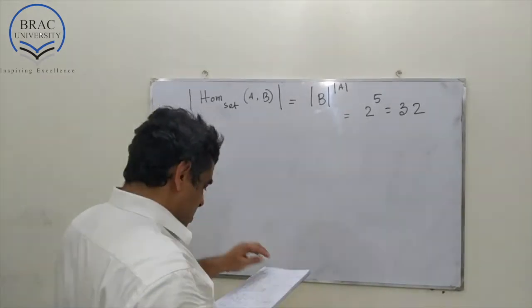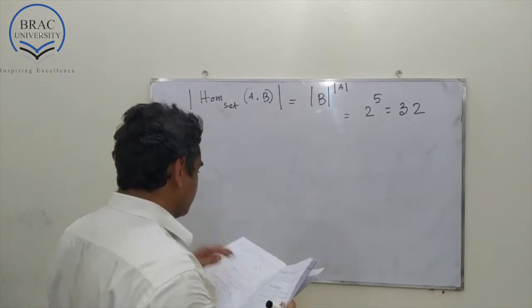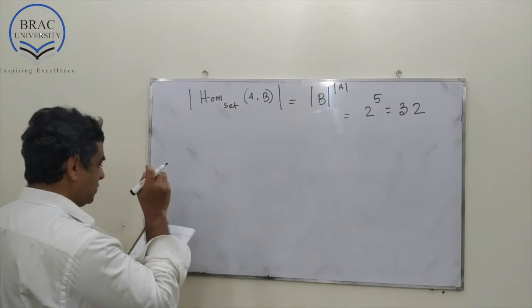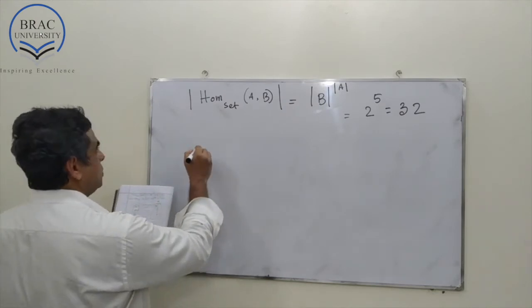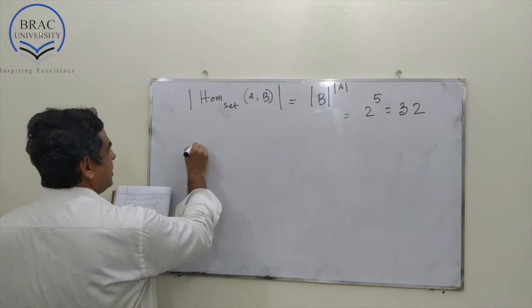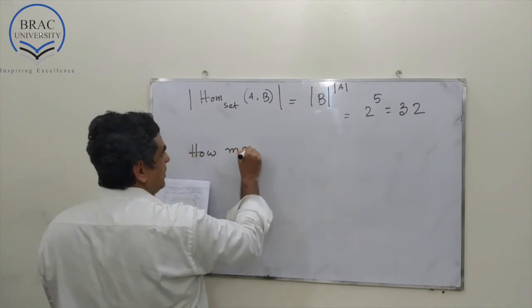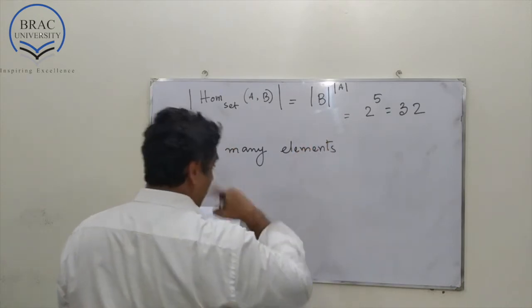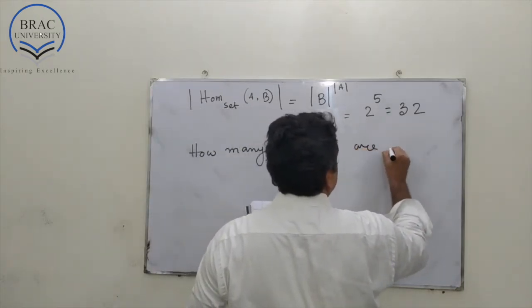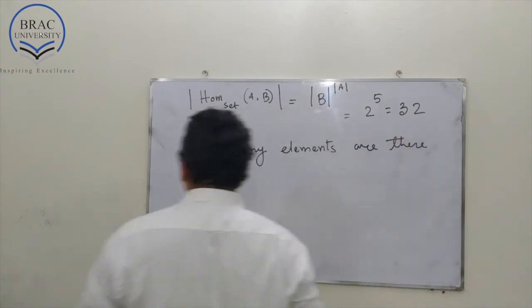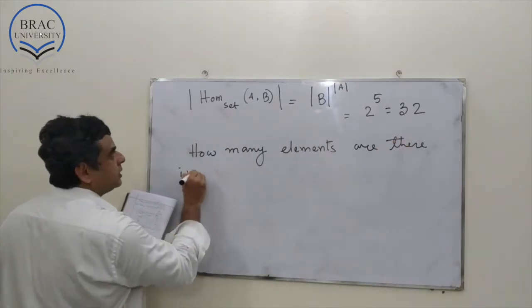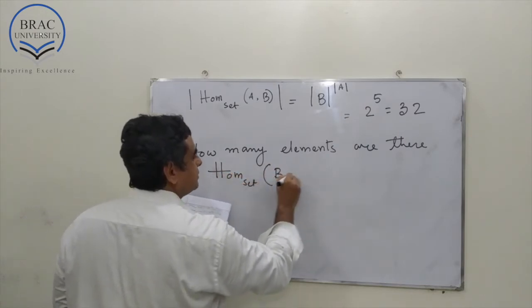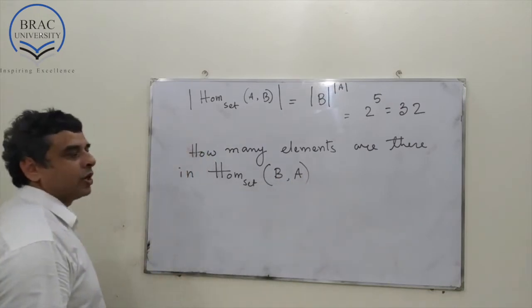Okay? So we are also asked to find, in the second part of the exercise, how many elements are there in Hom(B, A).